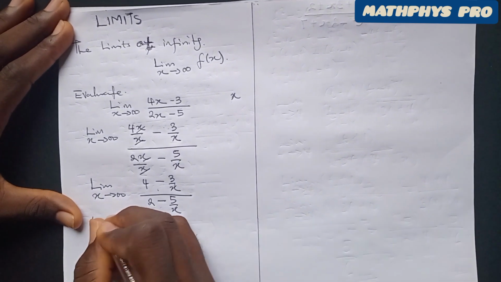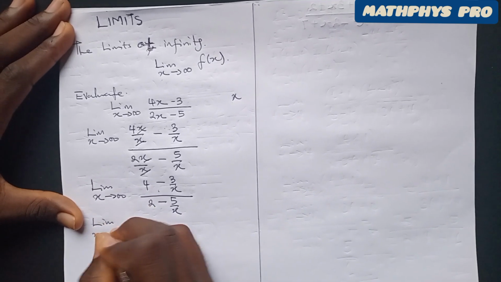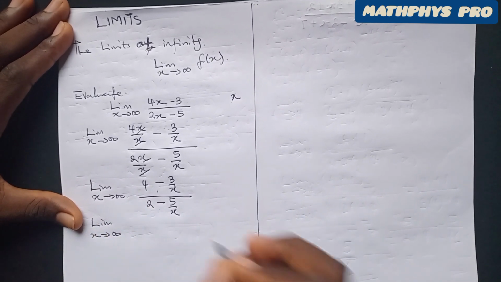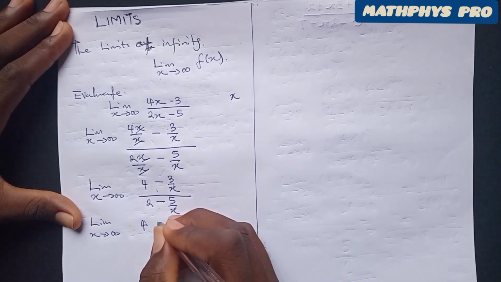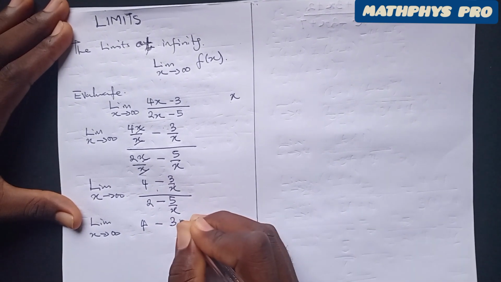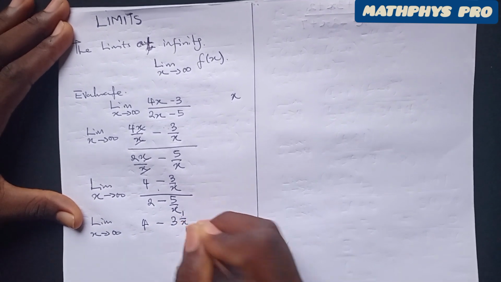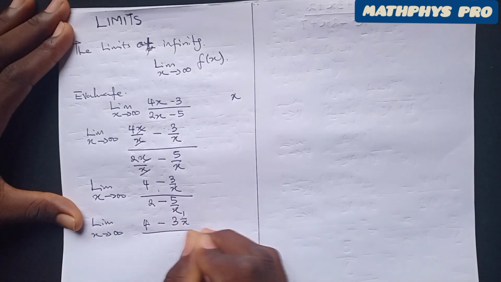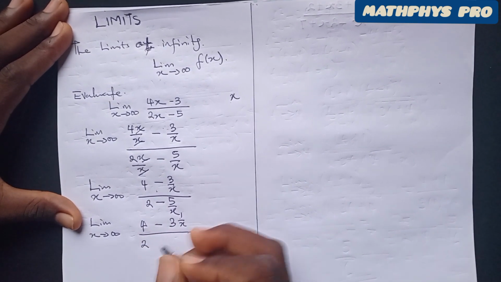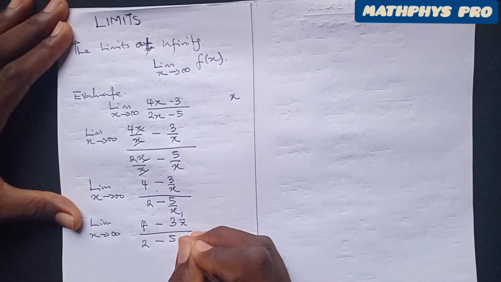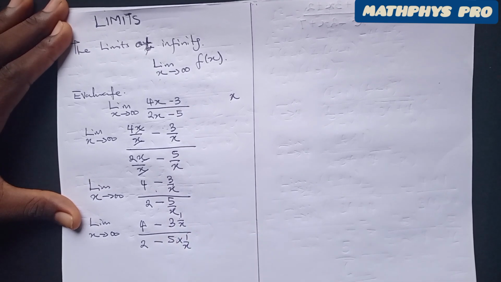Now, this can also be written as the limit when x tends to infinity of 4 minus 3 times 1 over x, divided by 2 minus 5 times 1 over x.